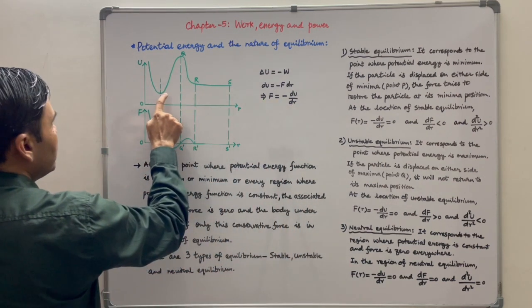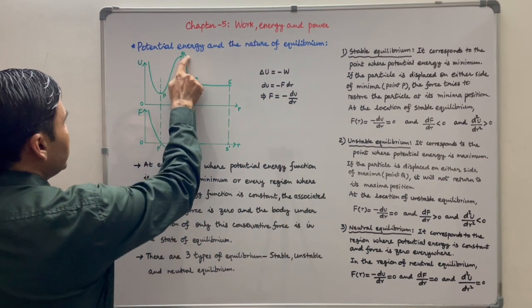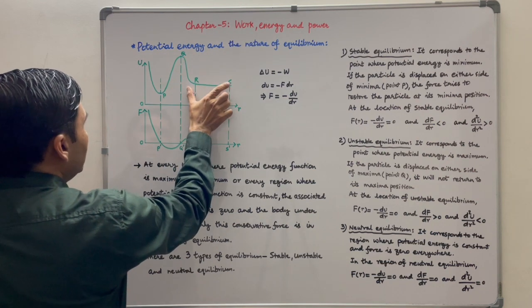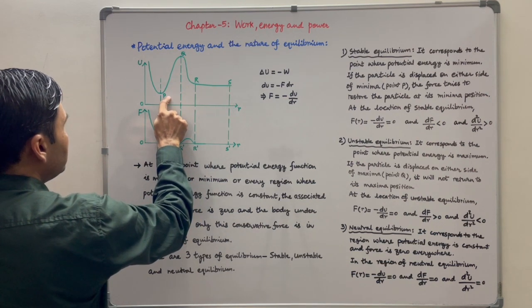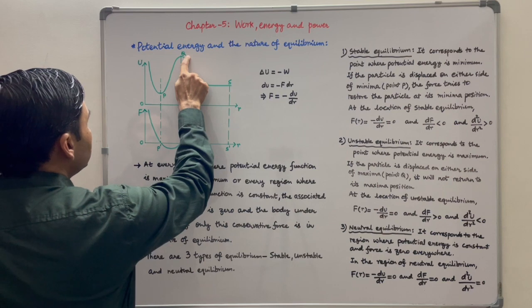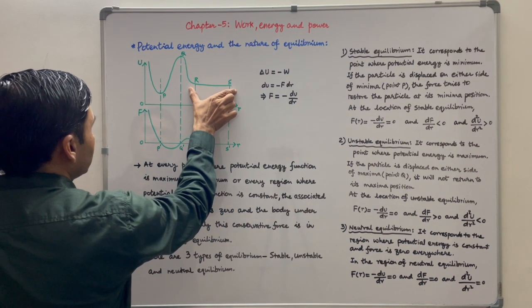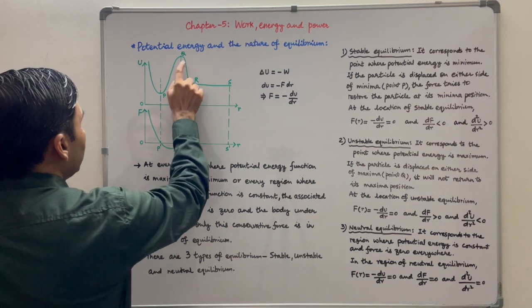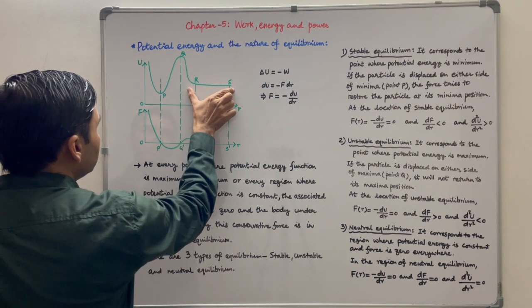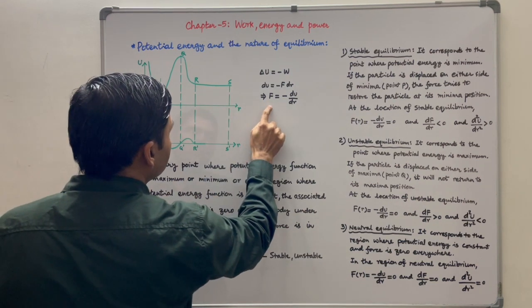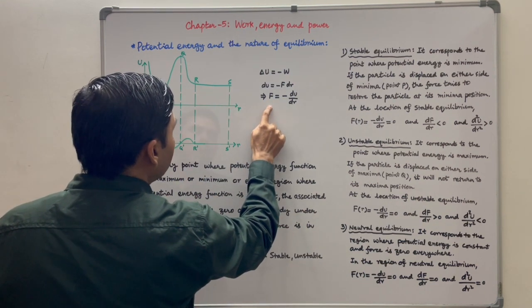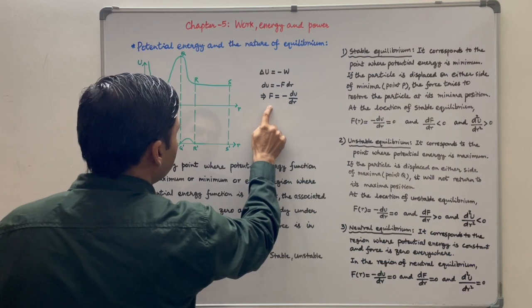There are 3 points of interest: point P, point Q, and region RS. Point P where potential energy is minimum, point Q where potential energy is maximum, and region RS where potential energy is constant. At points P and Q and in the region RS, slope of the curve is 0. That means conservative force is equal to 0. Particle will be in the state of equilibrium.